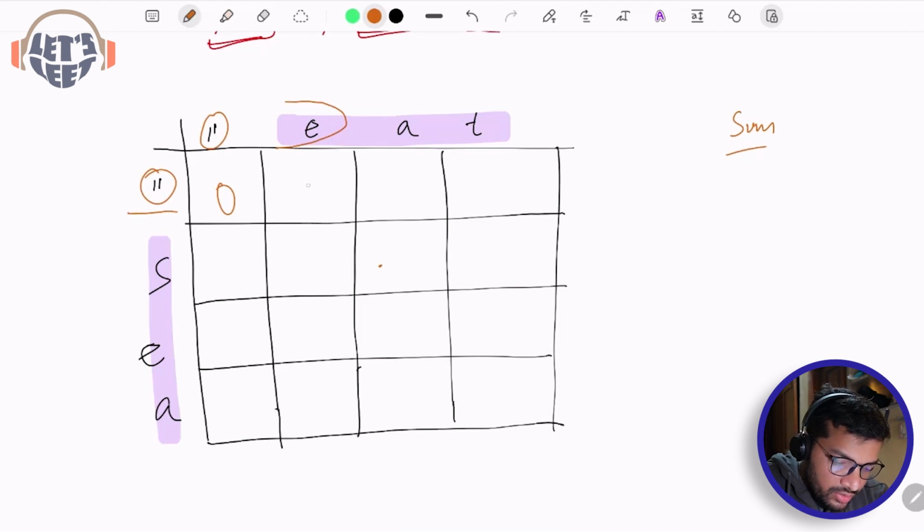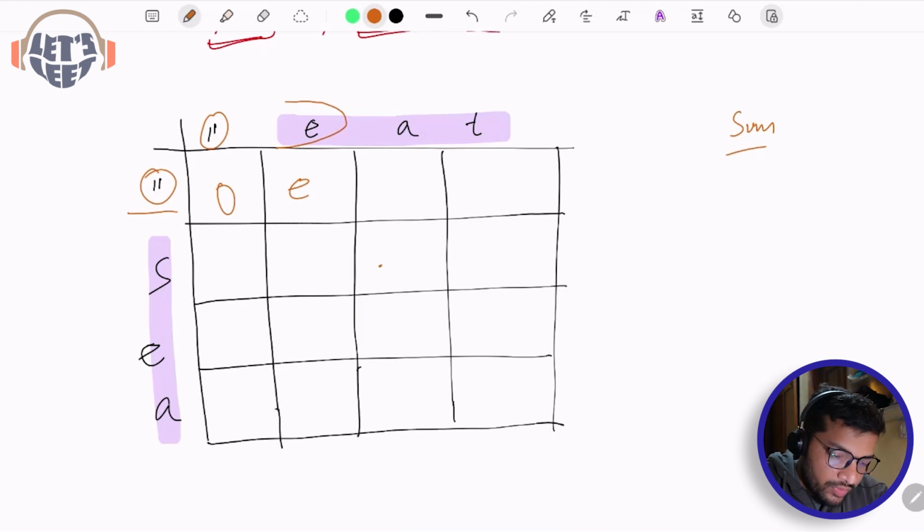In that case, we need to delete E. So I am writing this in character format just to make it easier, but just consider the ASCII values of these particular characters to understand the cost which will be represented in that particular cell. So here it's not E, but instead our code will store the ASCII value of E here.